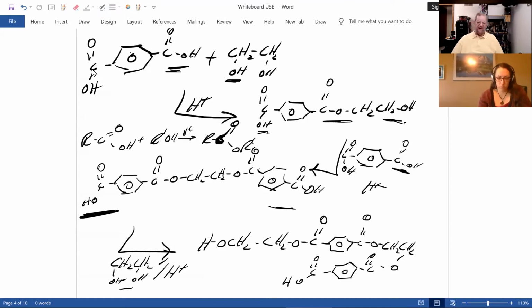And we have this molecule. Now, if we look at this, I have an alcohol here that can react with more terephthalic acid. I have a carboxylic acid here that can react with more ethylene glycol.